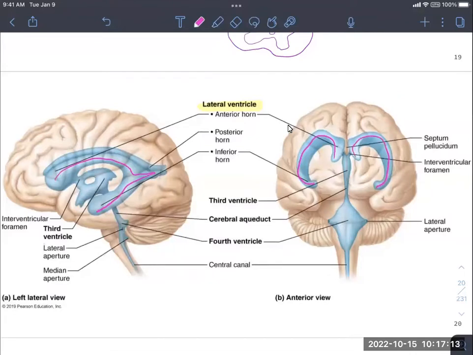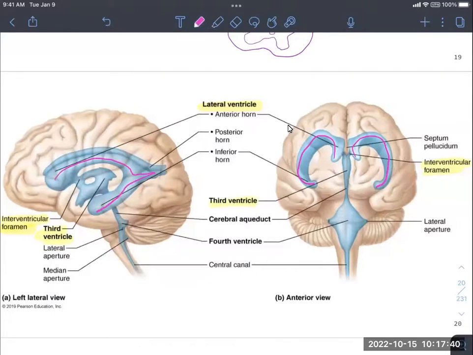These lateral ventricles, as we said, they connect to the third ventricle. How do they connect to that third ventricle? Interventricular foramen. You can see it from the different parts. Those interventricular foramens lead to that third ventricle.